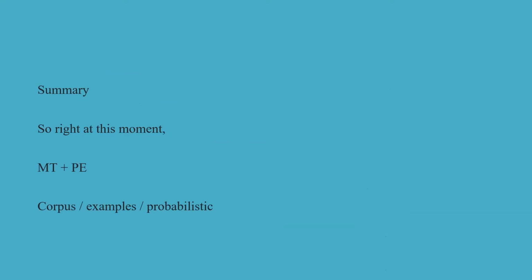The industry is adopting this approach, and it is based on the principle of examples. If we have enough examples, or enough corpora, we can use them to help us decide the final translation.